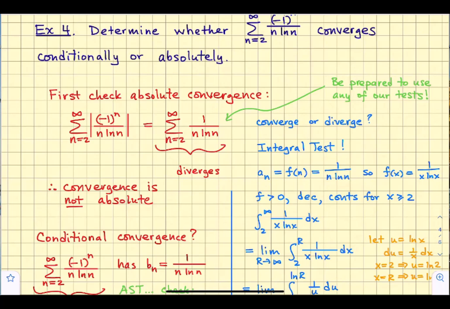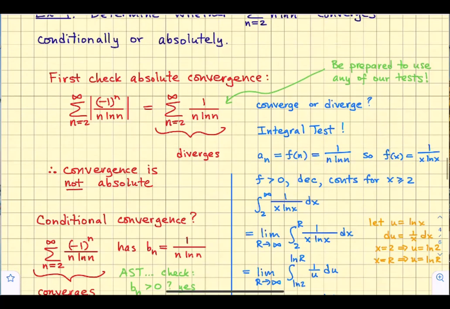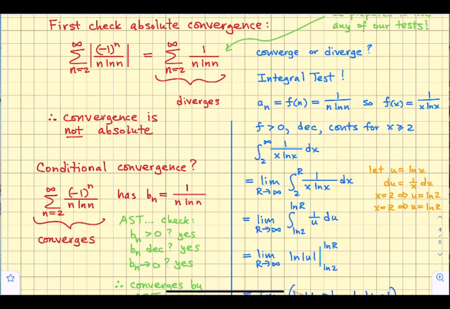We need to be prepared to use any of our tests, because when we take these absolute values, we may have to work for it a little bit. It might not just fall in our lap where we know exactly what the series is doing like it did in the other examples. So if we use an integral test, we've done this a few times, so I'll go through the details quickly. It tells us what our f of n is, and therefore what our f of x is.